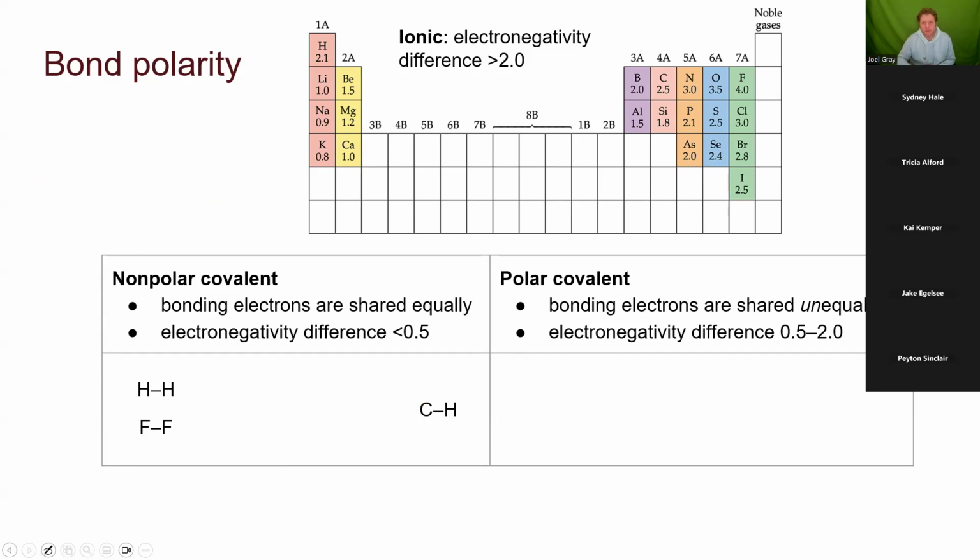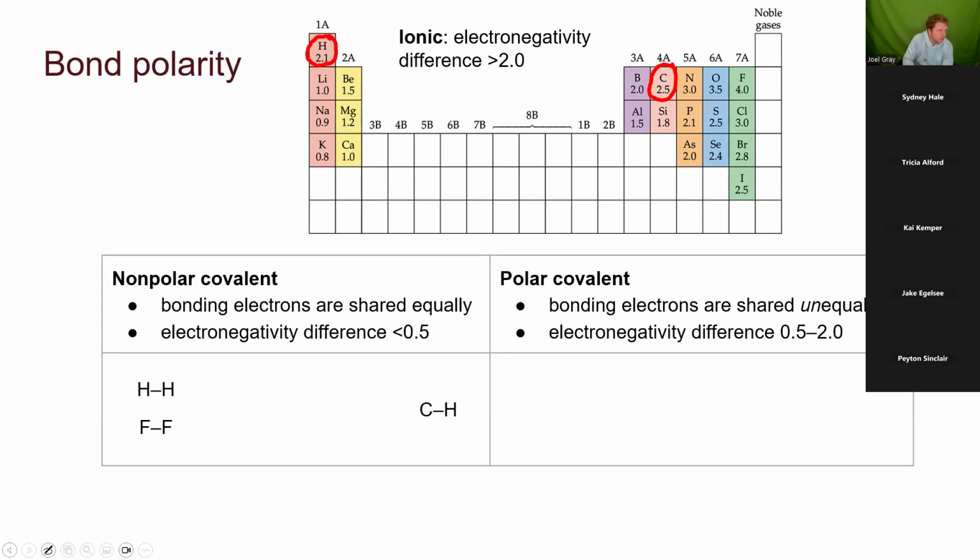Next up, we're looking at carbon and hydrogen. Can anyone add to the chat and tell me what the electronegativity difference is between carbon and hydrogen? 0.4. Now, if anyone is doing this at home and got a negative value, we know we're not going to get a negative value because we're looking at the absolute value.